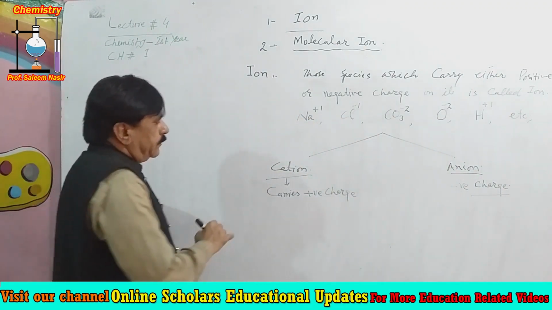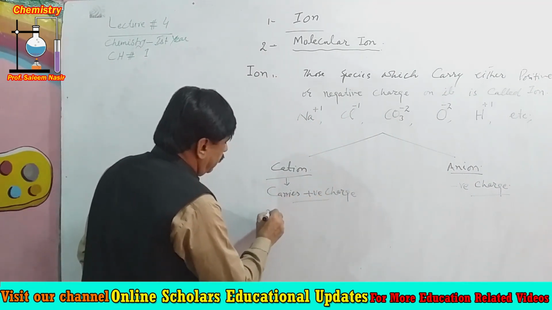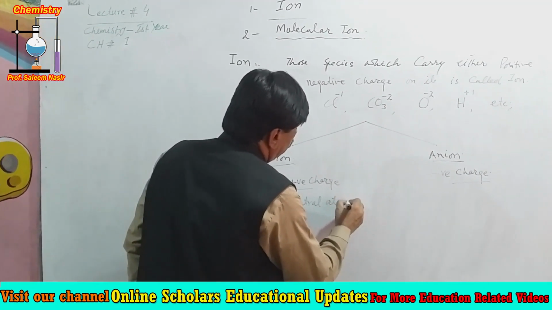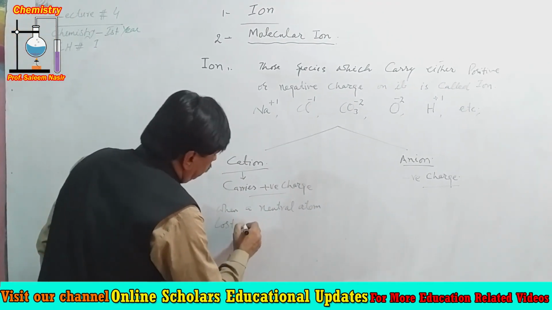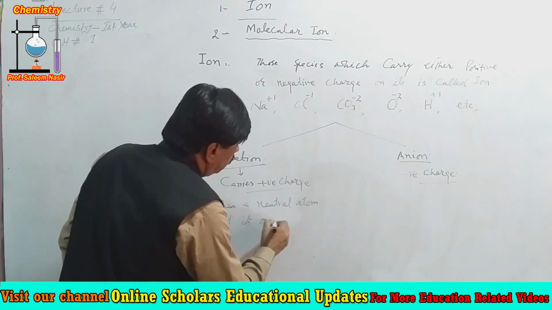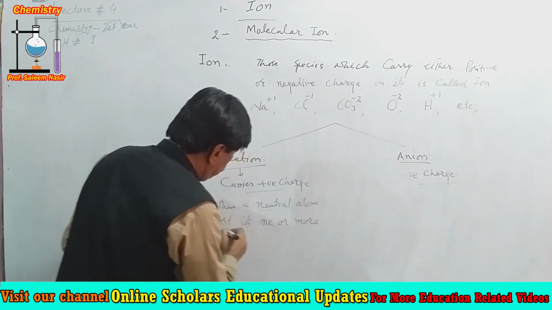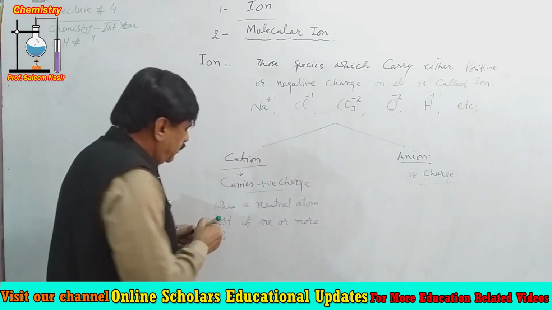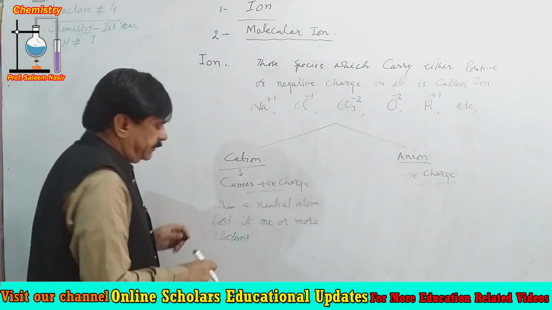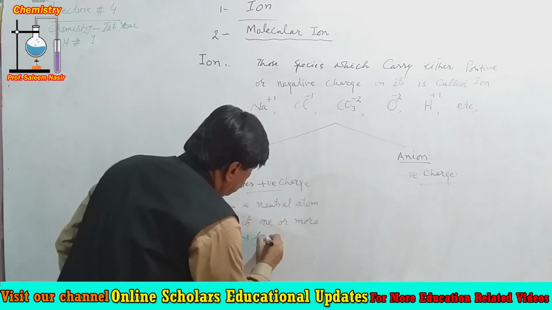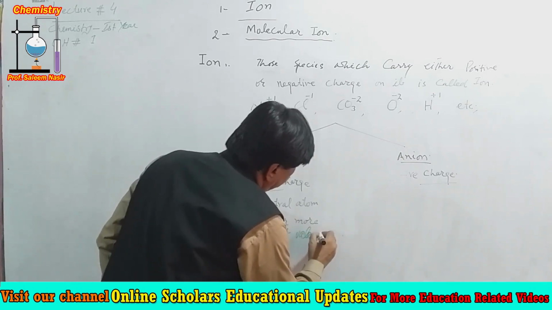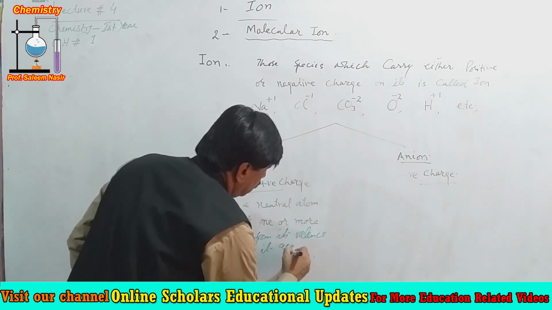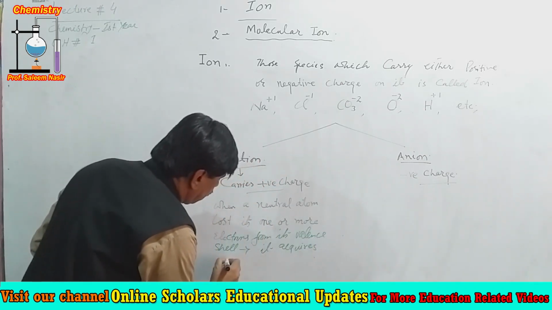So, when a neutral atom loses one or more electrons from its valence shell, it acquires positive charge.